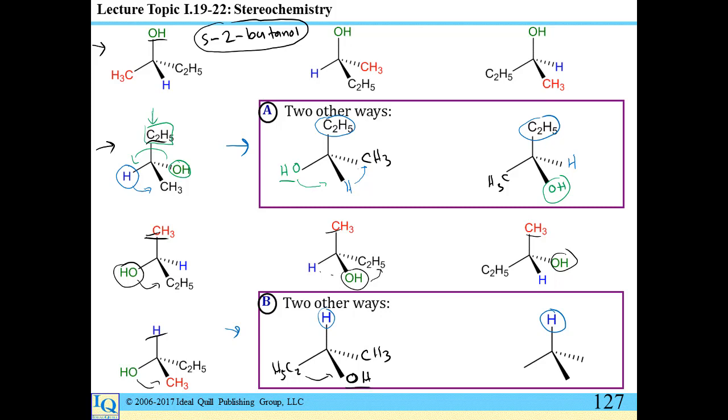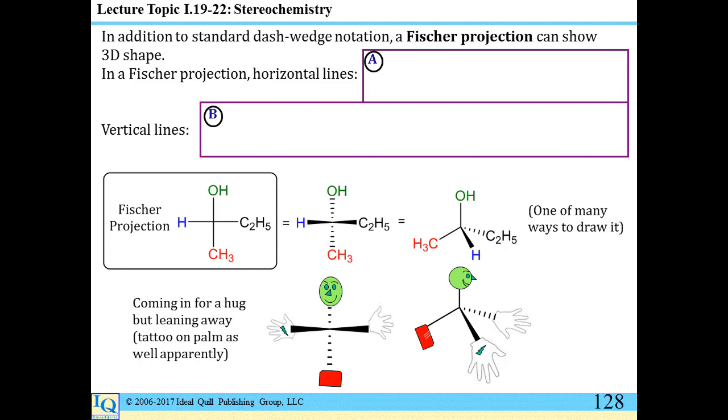Rotating the OH to the front position here, rotating it to the back position here, then beside the OH is the CH3, and then of course the ethyl group to fill out the rest of the substituents. So all 12 of the structures on this entire slide are just looking at the molecule S2-butanol from different angles.